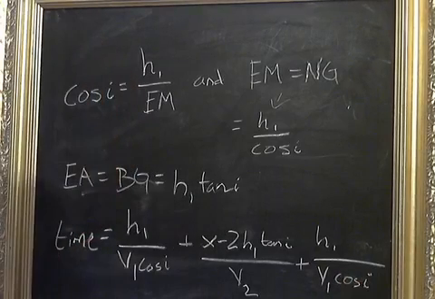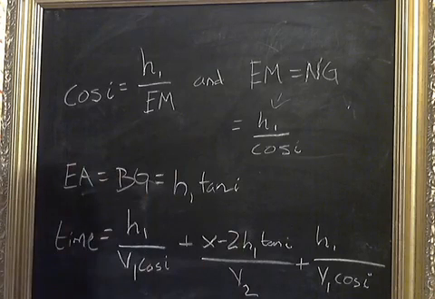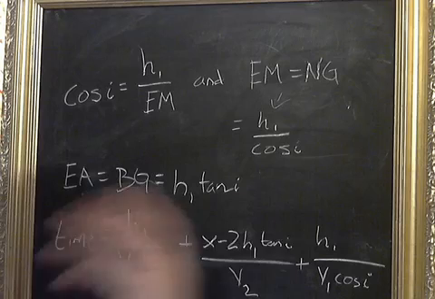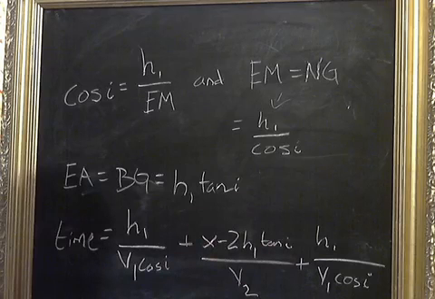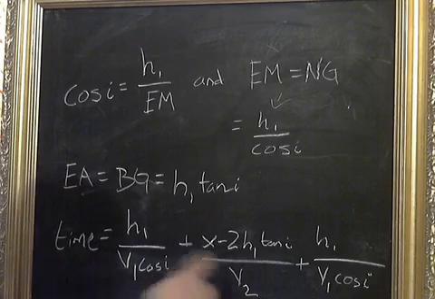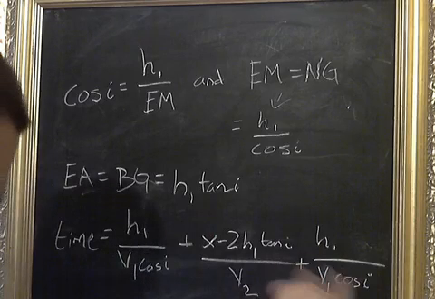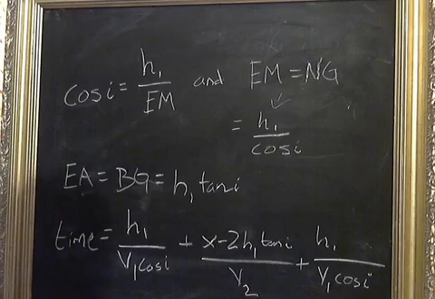Right? So that original time travel equation, em over v1 plus mn over v2 plus mg over v1, using our trig identities, we know all these equivalent statements, and you can use basic geometry to figure out that the lengths are equivalent in certain places, and you can use your SOHCAHTOA and your trigonometric relations to figure out that original time equation is equal to h1 divided by v1 cosine I plus x minus 2h1 tangent I divided by v2 plus h1 divided by v1 cosine I. Those are equivalent equations.